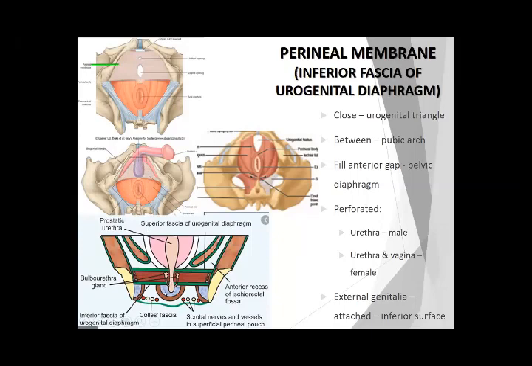Here also have a look, the bulb of the, these are the two ischiocavernosus muscles. This is the bulbospongiosus muscle. They are all attached to the undersurface of the perineal membrane. And that is the main purpose that this membrane is serving, namely, it gives attachment to the external genitalia.